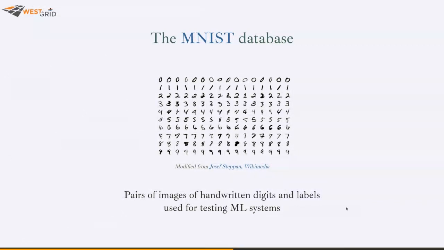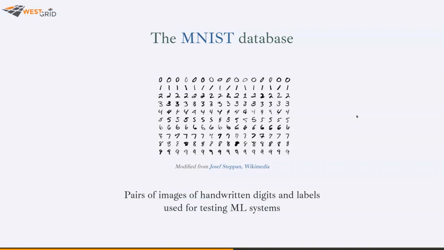This dataset is made of pairs of images of handwritten digits and their labels. They've been used, and they're still used often, to compare different approaches, to benchmark things, or also to introduce the whole concept of image recognition.